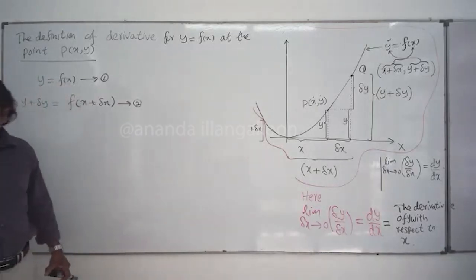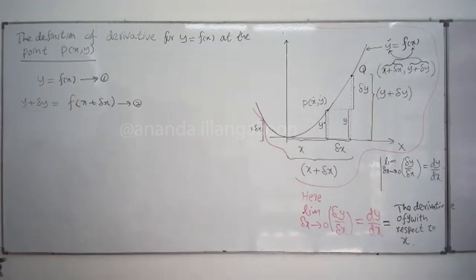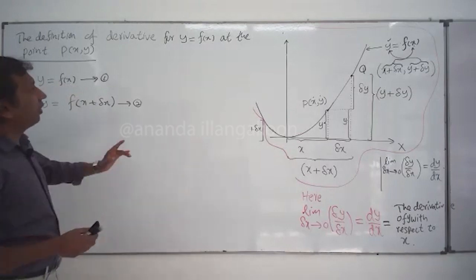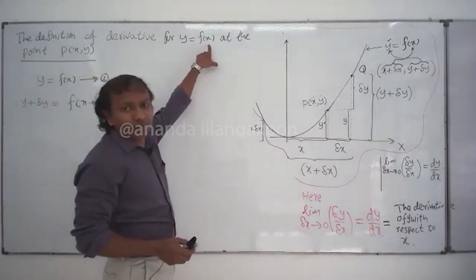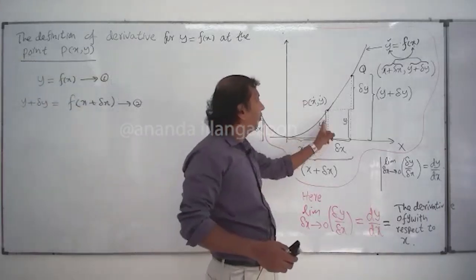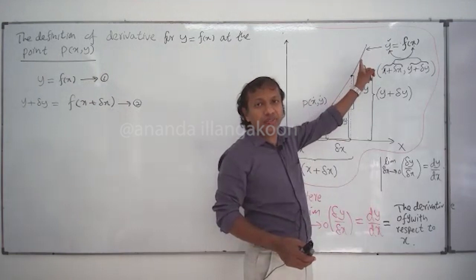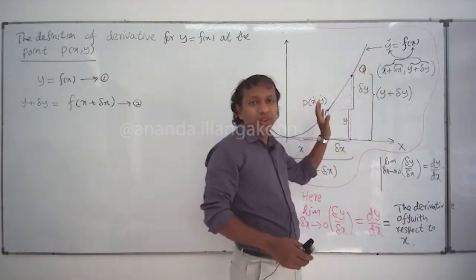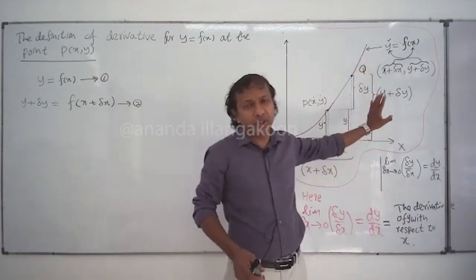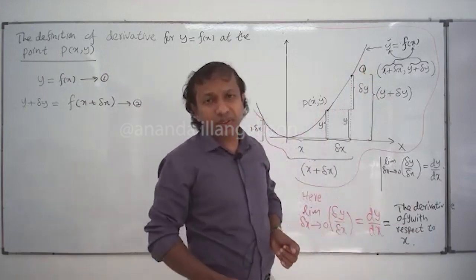Now, for this f of x, y equals f of x, we can take any graph, but with a different shape. The same thing we can follow again, but there's no point in following the same thing again.